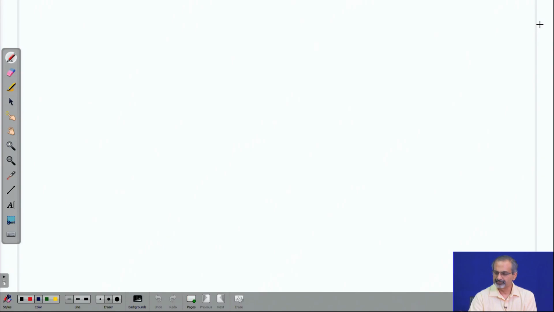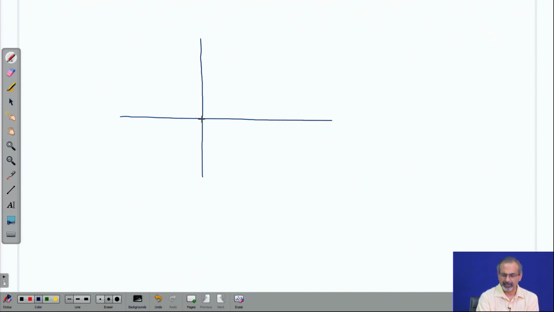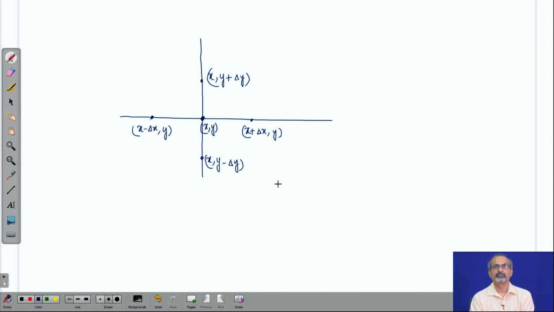What we do is, in the x y plane, you may mark this point as x y, you may mark it as x plus delta x y, x minus delta x y, x y minus delta y, and x y plus delta y, right.